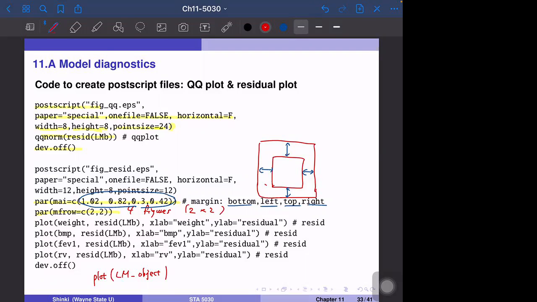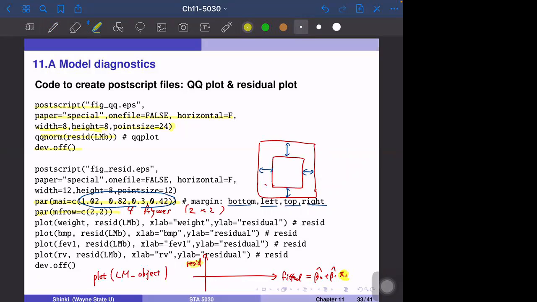Yeah, and this diagnostic plot actually makes the residual plot for the fitted value against residual, rather than x1 versus residual, x2 versus residual, and so on. And actually, this is not an ideal plot, but the fitted value is, okay, so if we have only one variable, beta naught hat plus beta 1 x1. So this is basically a linear function of x1. So x1 versus residual is almost the same.